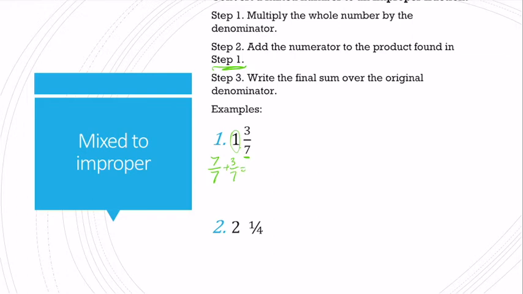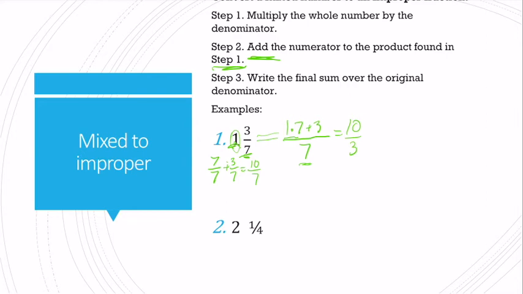And I would get, if I took 1 plus 3/7, we're going to talk about adding fractions in a little bit, but we add the numerators as long as the denominators are the same. So I'd have 10/7. I would get the same thing if I take 1 times 7 plus 3/7. So I'm taking the whole number times the denominator, so 1 times 7. I'm adding that to the numerator, and I'm writing my sum over my original denominator.